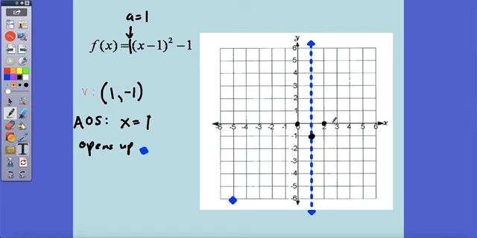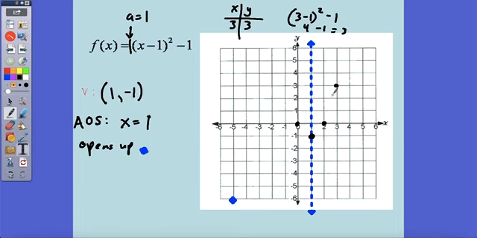Since I already have my x and y intercepts, I can't find another intercept, but what I could do is plug in a value, like 3, to gain one more point. It would be (3 minus 1) squared minus 1. That's 2 squared, which is 4, minus 1 is 3. So we'd be at the point (3, 3).